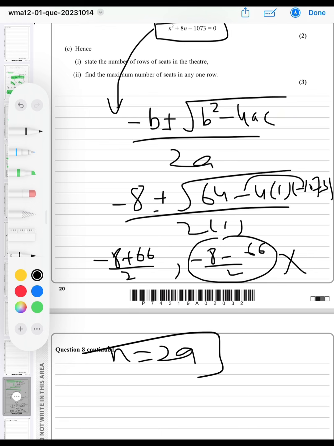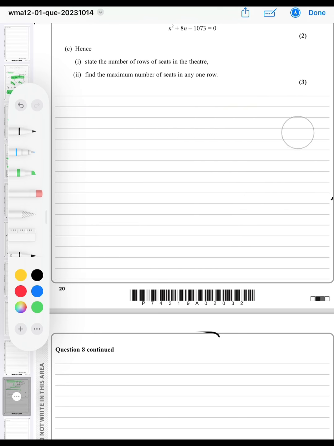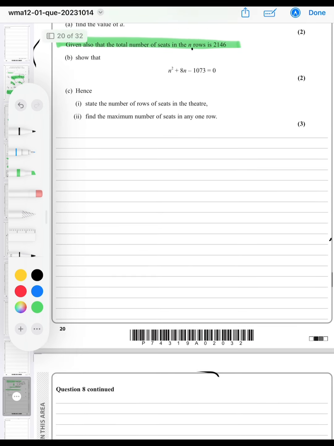So n is 29 here. Okay, I hope this is clear now. Now moving to the last part of this question, which is to find the maximum number of seats in each row. Already we have the formula. What's the formula?